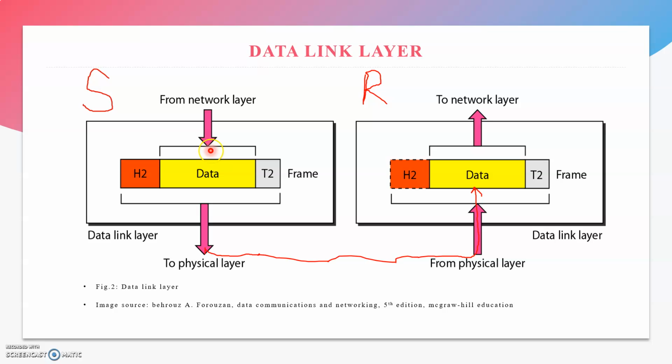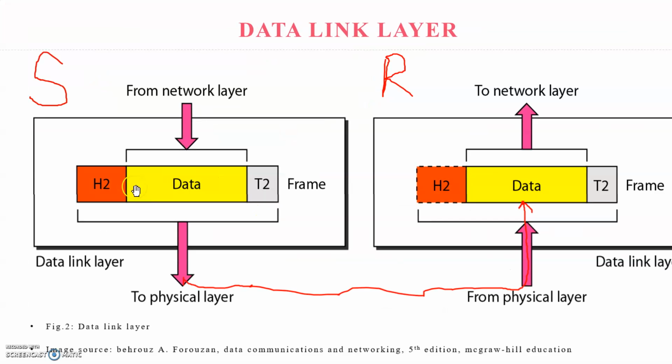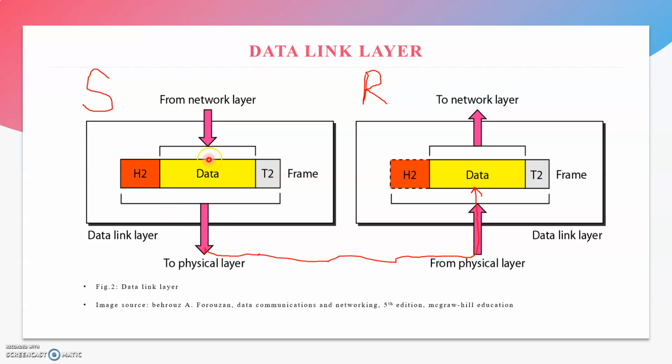From the network layer, on the sender side, the data comes from the sender, and then the data link layer combines that data into small frames, and a header is added. H2 means header and T2 means trailer.